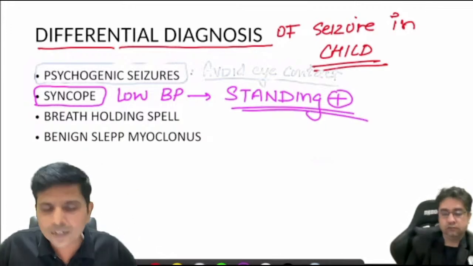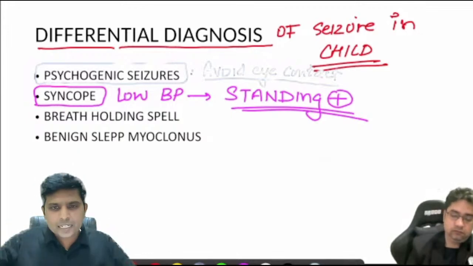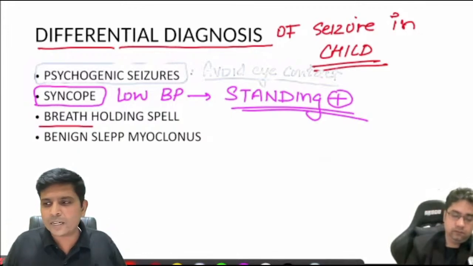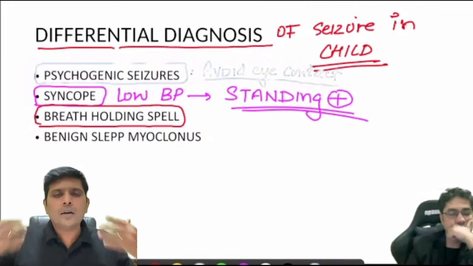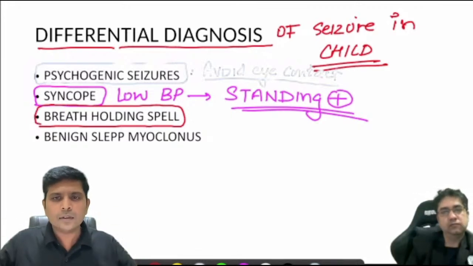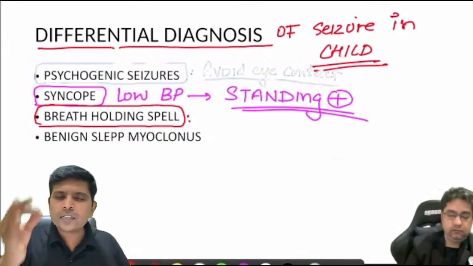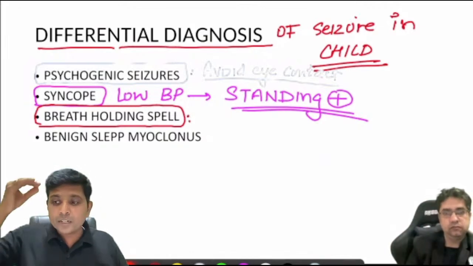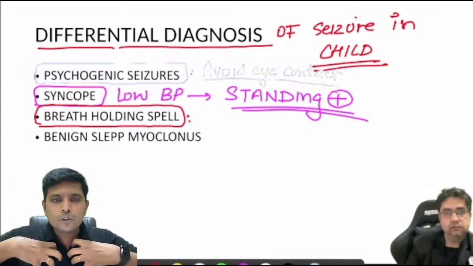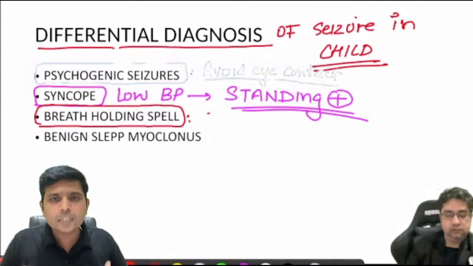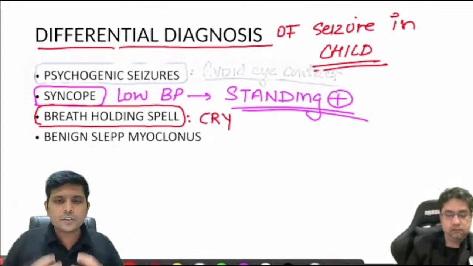And finally, what is called breath holding spell? You just look at me. The child is asking for something. You are not giving. The child starts crying. Just 5 seconds I am doing. If it goes on and on like a Duracell battery, crying is an act of expiration, so almost all the oxygen in the air in the lung will come out.